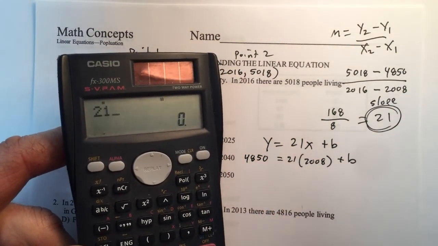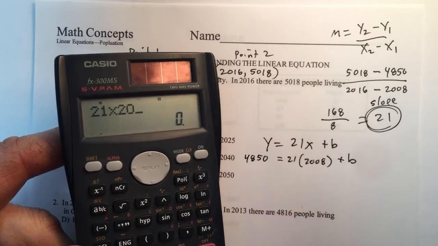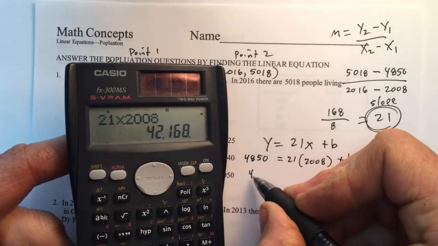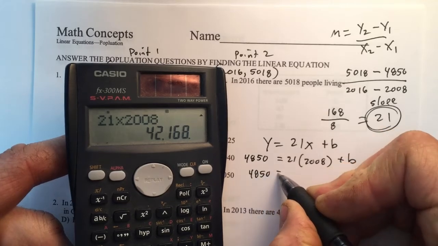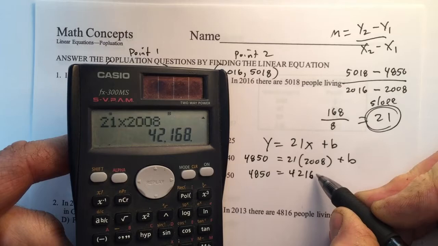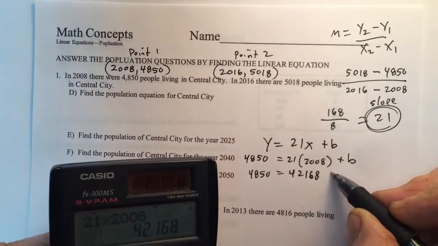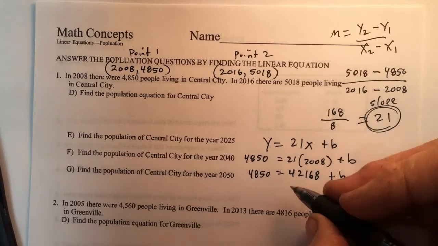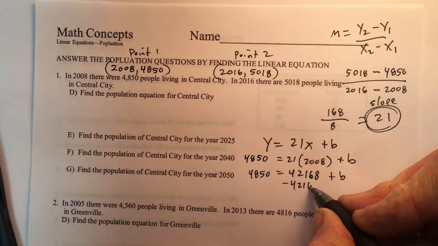I got to do 21 times 2008. Oh my goodness, big number. So that's 42,168 plus b. Okay, now I got a minus 42,168.